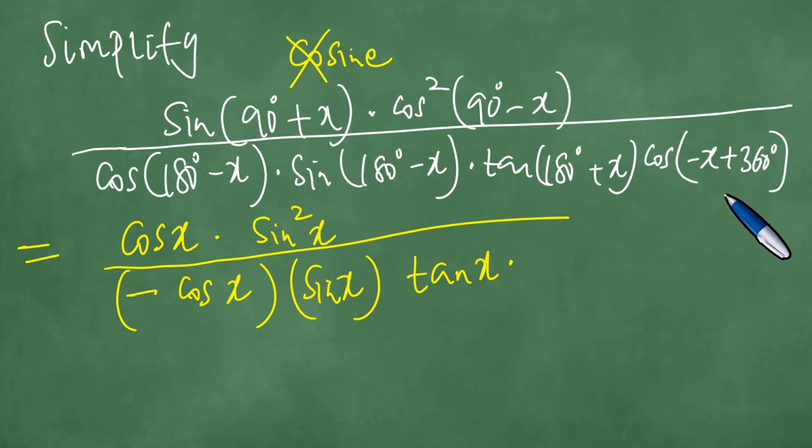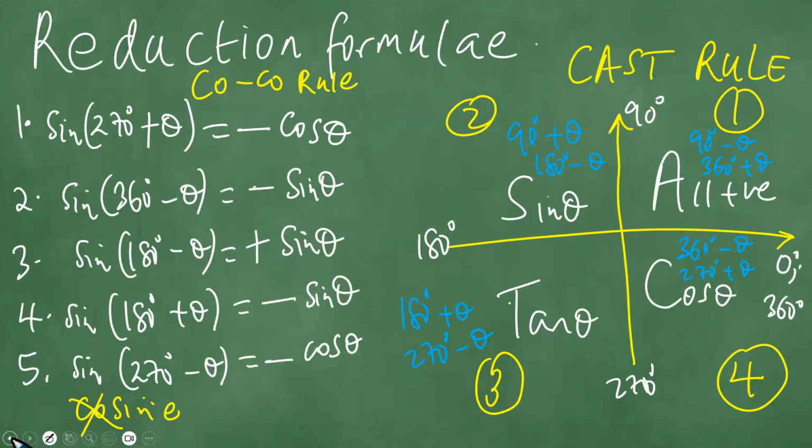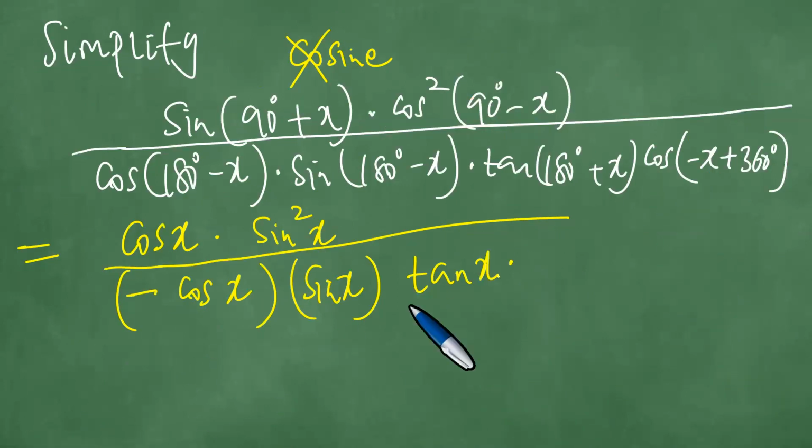In the fourth quadrant only the cosine is positive, according to the CAST rule. So in other words, this is going to be positive cosine x.